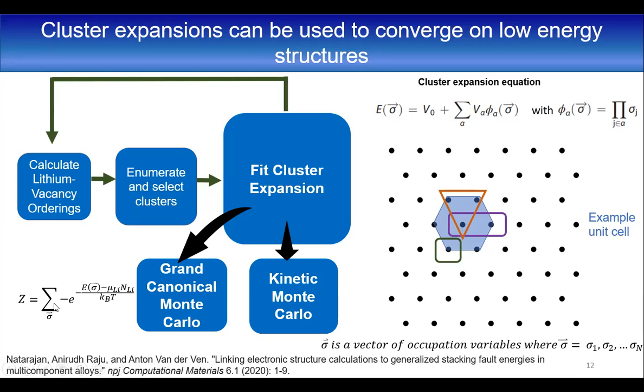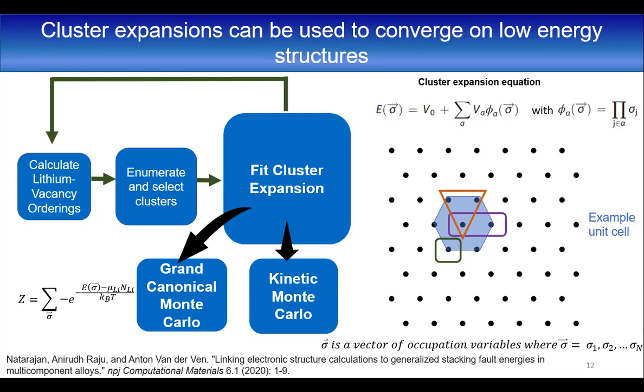So if I had my little ordering from before, where I have a bunch of different energies for certain orderings that are lower in energy than other orderings, I could say that our grand canonical Monte Carlo would show to what extent I'm going to be sampling those lower energy orderings over the higher energy orderings. And it would pretty much just show me, as I go from 0 Kelvin, which is what DFT predicts at, to finite temperatures or high temperatures, what different sites are going to be filled in with what probability.